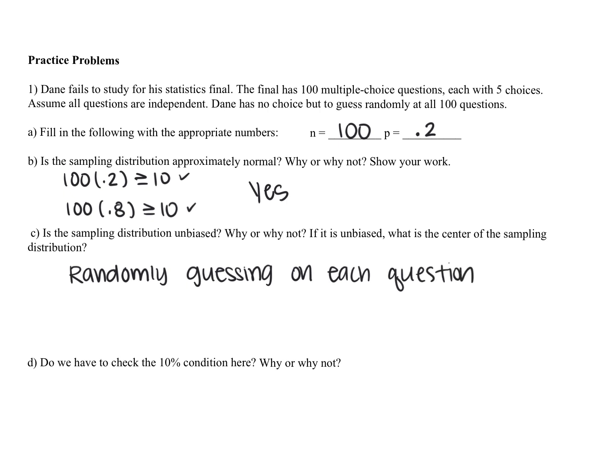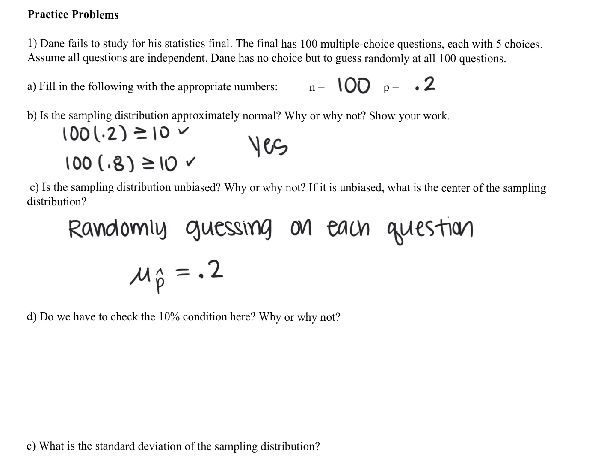Which means it is unbiased. So the mean of our sampling distribution is going to be 0.2. And then, do we have to check the 10% condition here? Why or why not? In this case, we're not actually doing a sample because he's going to answer all 100 questions. So we're not sampling here, which means we don't have to use the 10% condition.